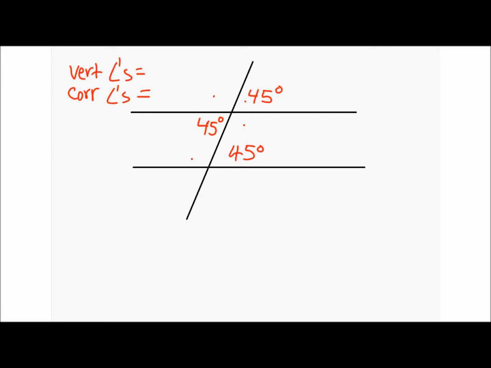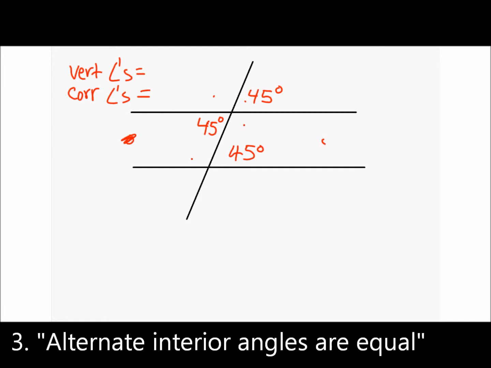The other rule that is always true, and it's pretty obvious here already, is that alternate interior angles are always equal. This is your interior down here, and all this stuff up here is exterior, and down here is exterior. The alternate means on alternate sides of this transversal, alternate interior angles are always equal.